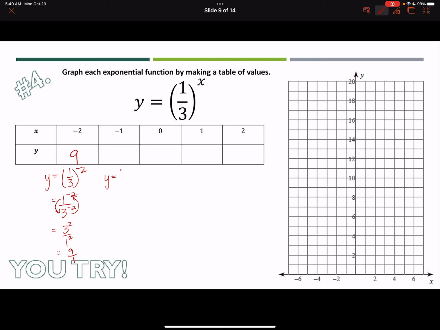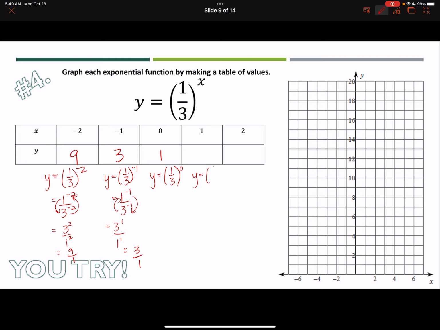All right, how about this -1? When I plug in x is -1, so it'll be 1 to the -1 over 3 to the -1. The bases are both going to flip. Becomes 3 to the 1 over 1 to the 1. 3 to the 1 is 3. 1 to the 1 is 1, so this should just be a 3. Anything to the 0 power is just 1.